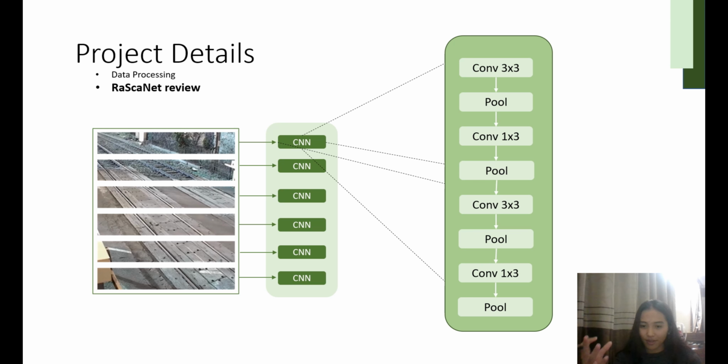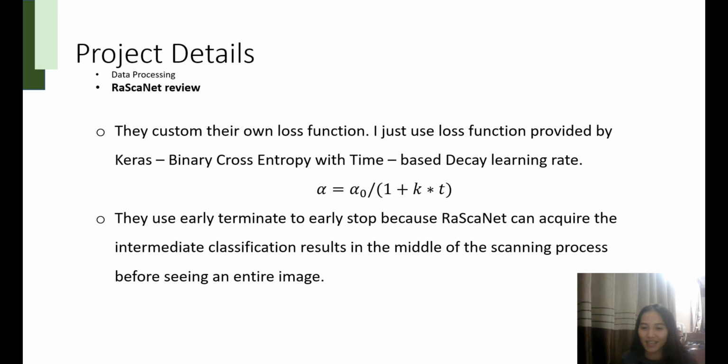Then finally they concatenate the two into one. But in my project, I just use a normal CNN with these layers, convolution and pooling, and then it's also the same for the next steps with RNN, attention and the last fully connected layers.